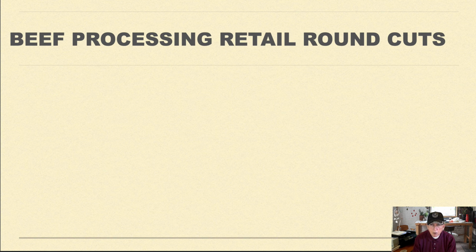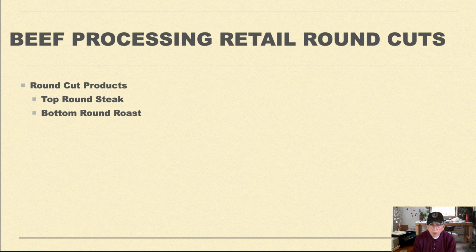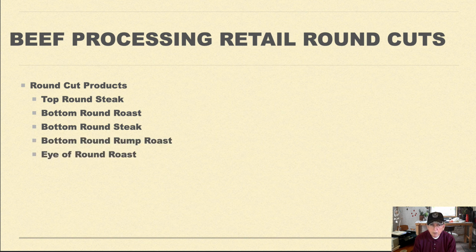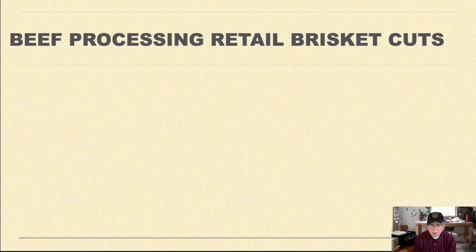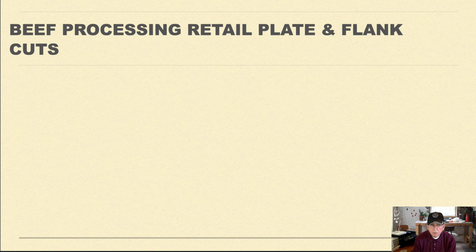The retail round cuts are top round steak, bottom round roast, bottom round steak, bottom round rump roast, eye of round roast, eye of round steak. The brisket cuts are brisket flat, brisket point.